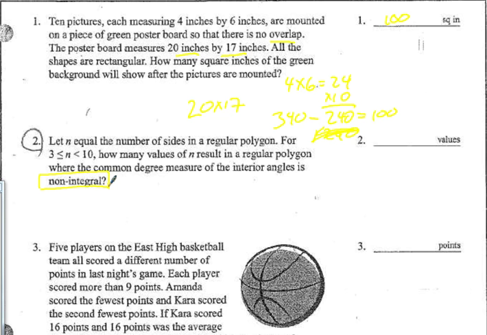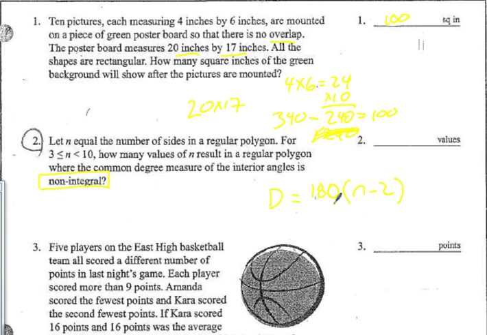So we know that the number of degrees in a polygon is going to be equal to 180 times n minus 2. So in other words, if you have a triangle, 3 minus 2 is 1, 1 times 180 is 180. A rectangle, 4 minus 2 is 2, 2 times 180 is 360.